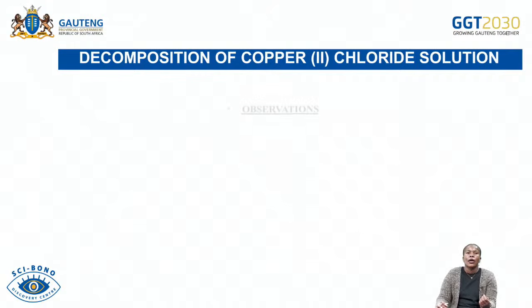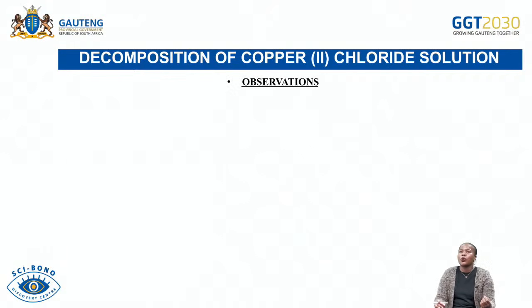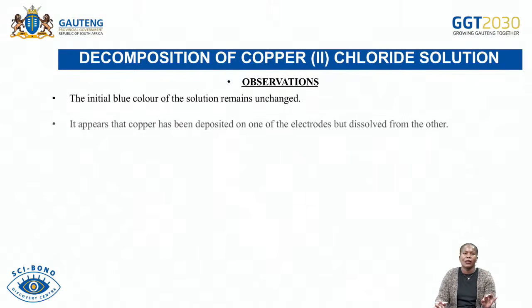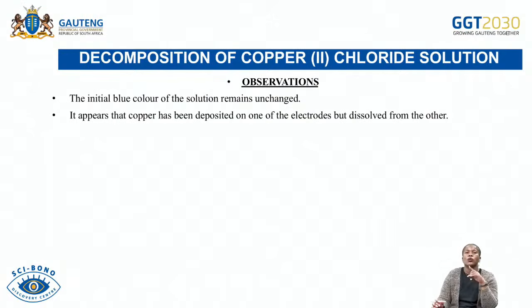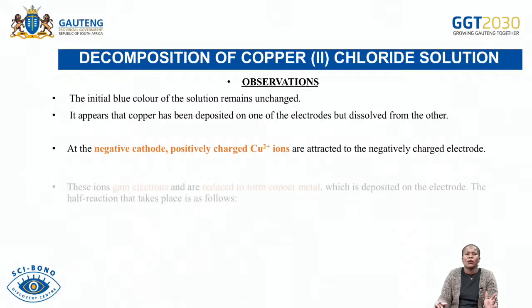So what is it that we'll observe when this specific electrolysis, the decomposition of copper(II) chloride solution, takes place? Initially, it is important to note that it had a blue color in solution, and it remains unchanged like that. And then it appears that copper has been deposited on one of the electrodes but dissolved in the other. What is it that we need to take note of?